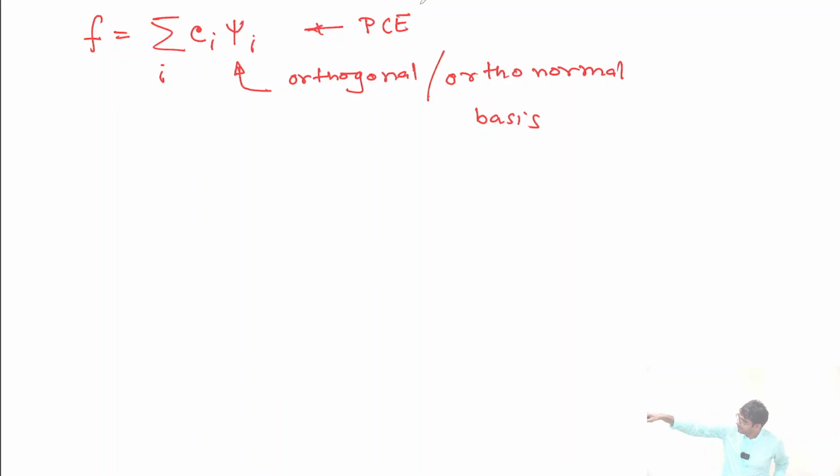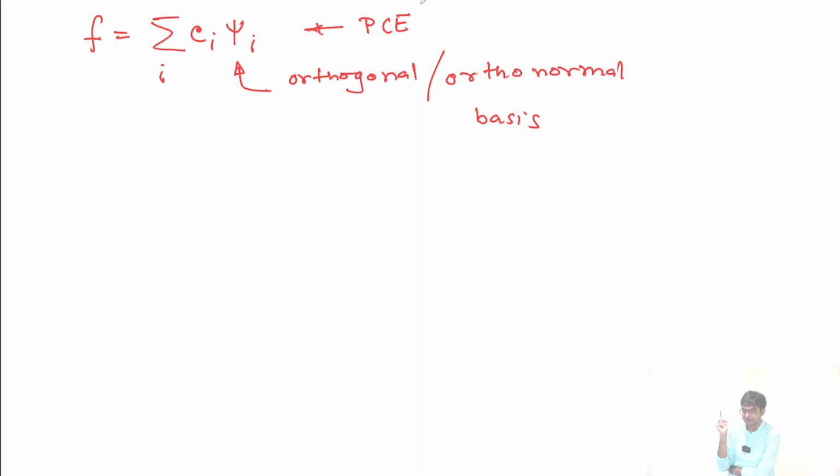Any idea how I can find out this Ci or Cj? I don't want the answer that obviously you can find it using regression. Everyone knows that. I'm not asking about that. I just now told you that any property of the vector space holds for Hilbert space. Now, from that point of view, take the inner product of f and psi j.